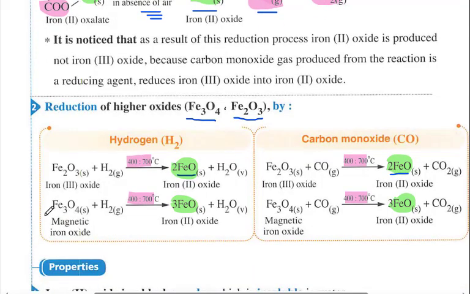Here the same, magnetic iron oxide Fe3O4 plus hydrogen or carbon monoxide as reducing agents, and the temperature from 400 to 700. In both cases, ferrous oxide is formed.